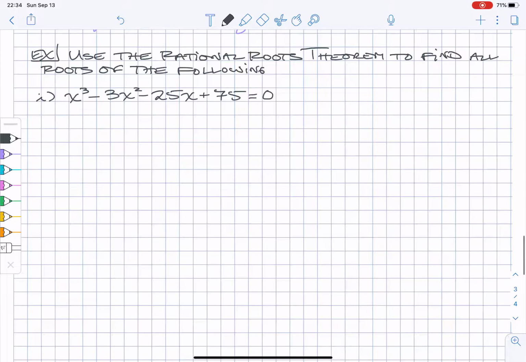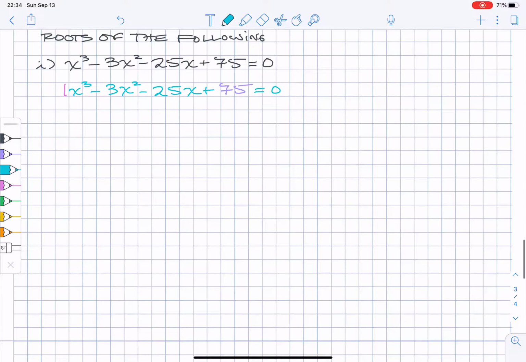This can be written as 1x cubed minus 3x squared minus 25x plus 75 equals 0. So that means that a sub 3, which is my a sub n in this case, is 1. And a sub 0, which is what p divides, is 75.